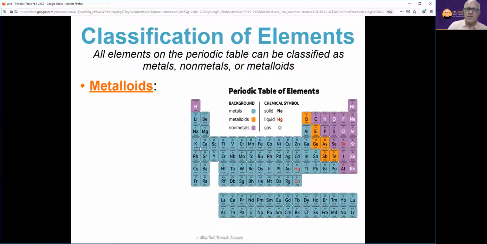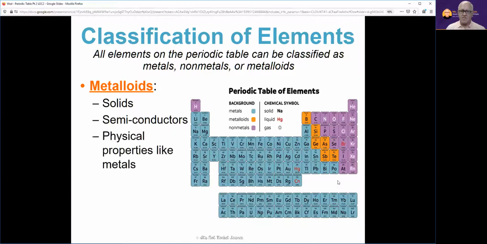The metalloids are solids at room temperature, and there's only 6 of them. They're used as semiconductors in electronics because they have many of the characteristics of the metals, but they're highly conductive.